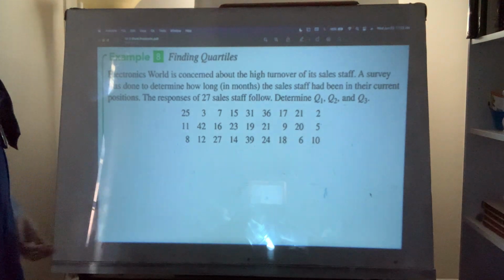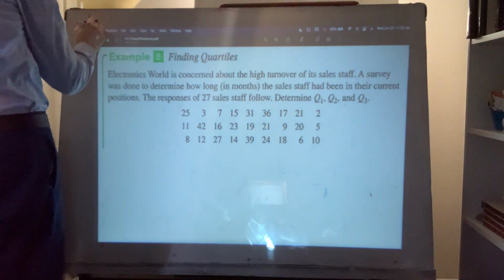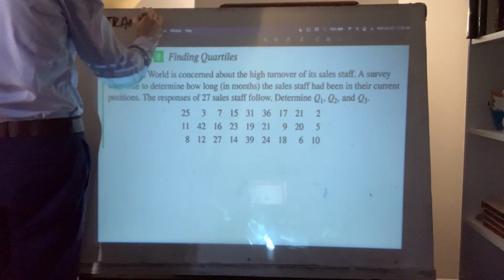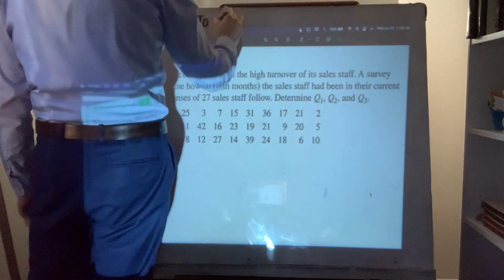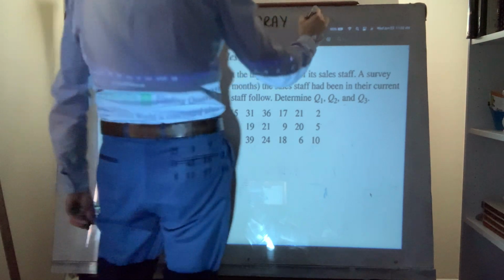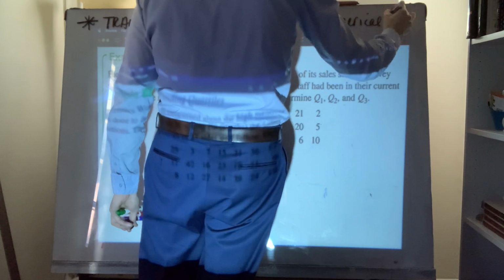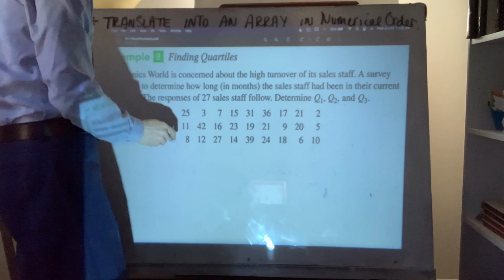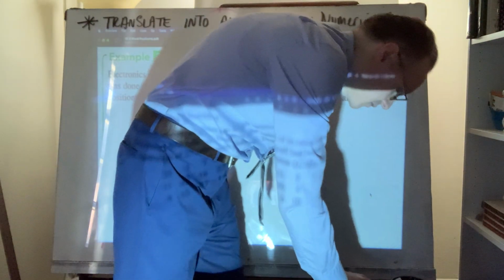So what you would have to do is translate this yourself, as a preliminary step, into an array in numerical order first. Let me borrow some information from this first.